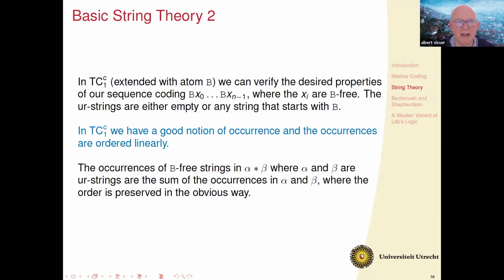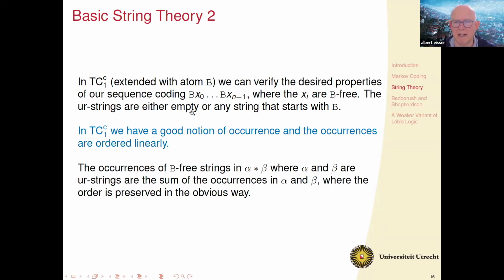Now in this theory, extended with B and an axiom that says that B is an atom, you can verify all the desired properties of the sequence coding that's given like this, given that these xi are B free, right? So you don't really need that it's strings of A's or whatever, just that they are B free.